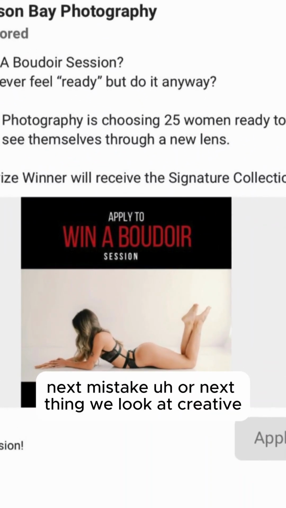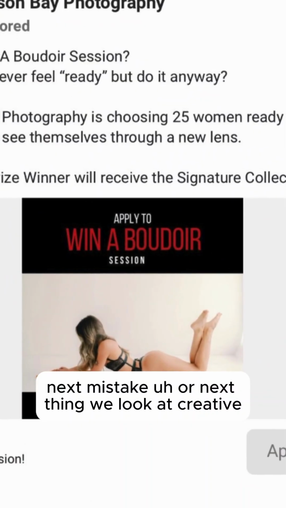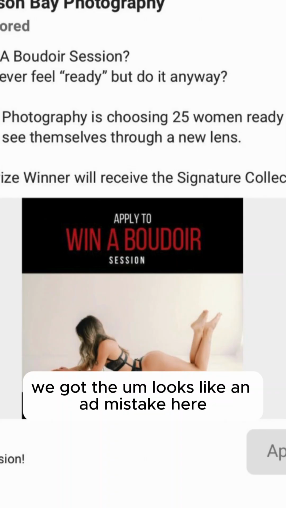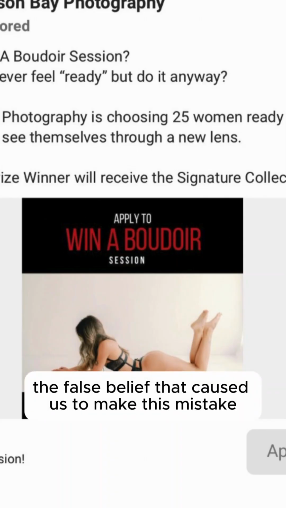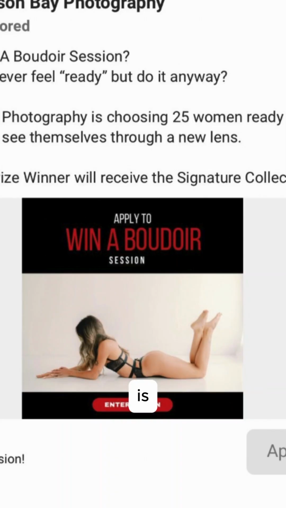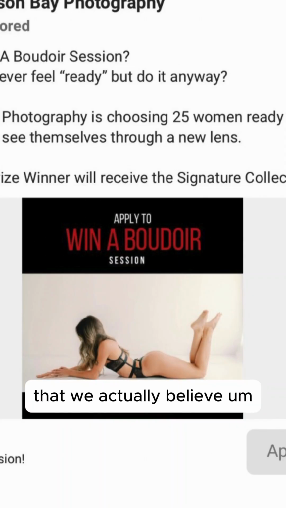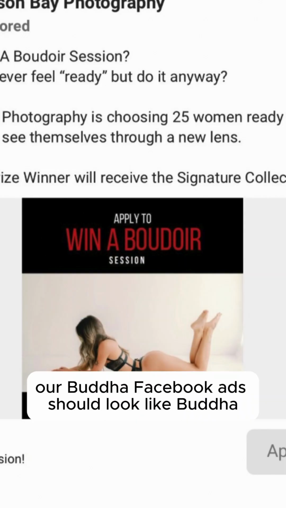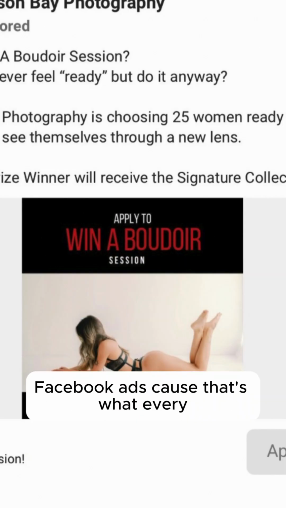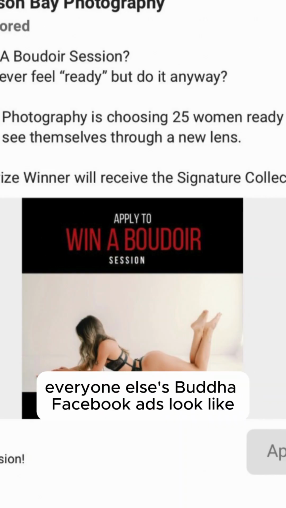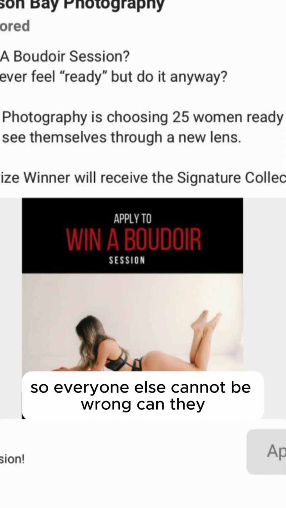Next mistake, or next thing we look at, creative. We've got the looks like an ad mistake here. The false belief that caused us to make this mistake is that we actually believe our boudoir Facebook ads should look like boudoir Facebook ads because that's what everyone else's boudoir Facebook ads look like, so everyone else cannot be wrong. Can they?